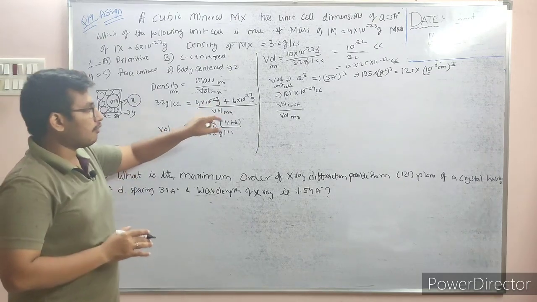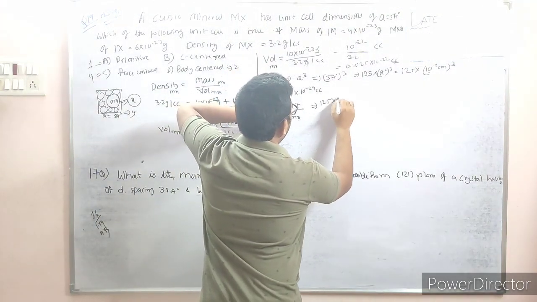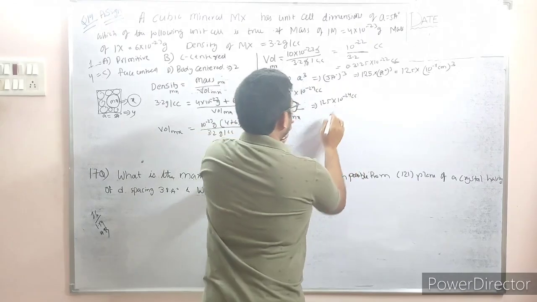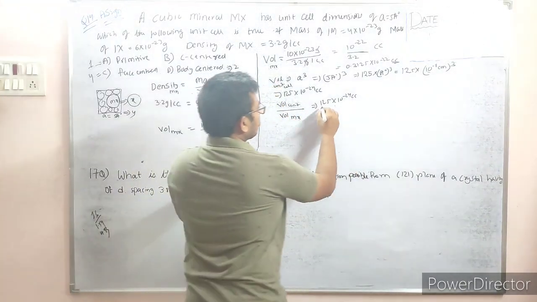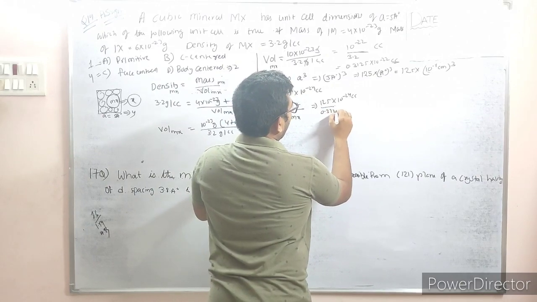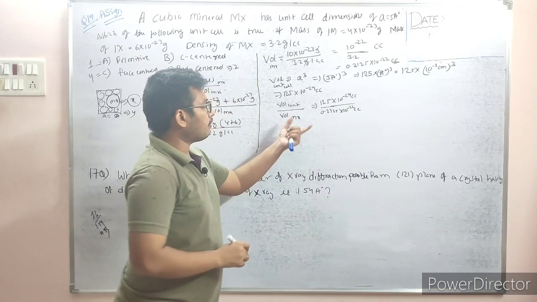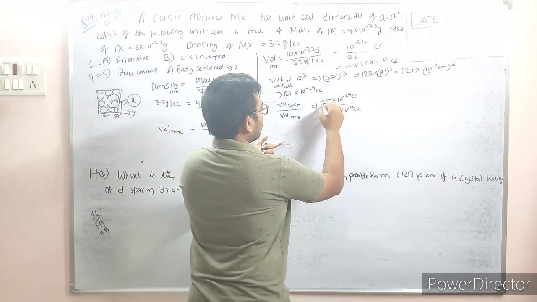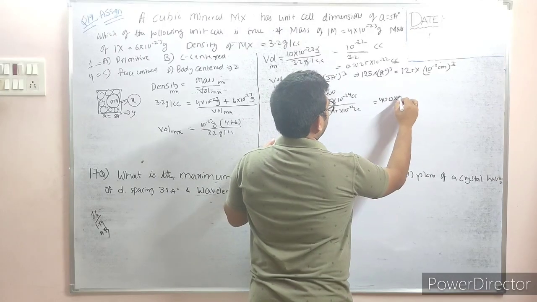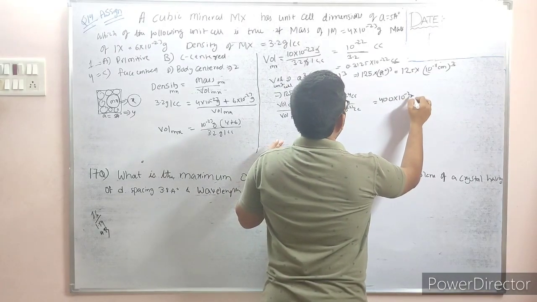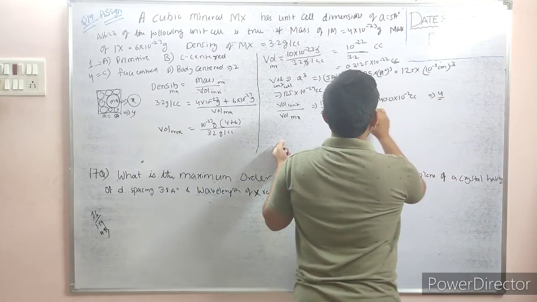That means, if the volume of unit cell is 125 into 10 to the power of minus 24 cc, and the volume of the atom is 0.3125 into 10 to the power of minus 22 cc, right? If you solve this, it will give 400 into 10 to the power of minus 2, so 4, cc cancel.